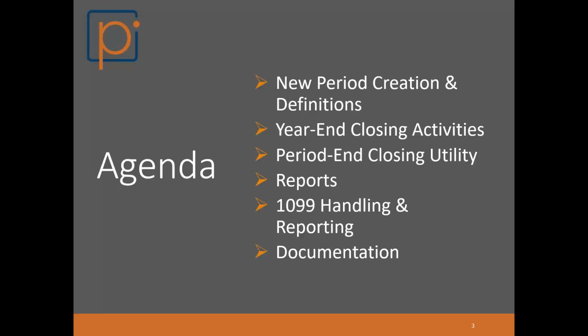We're going to look at different reports, some of the reports that will support closing the year and some of the reports that may be different options after running that utility. And we're going to wrap up with 1099 handling and reporting, and of course present additional documentation that may help you and support your year-end closing.